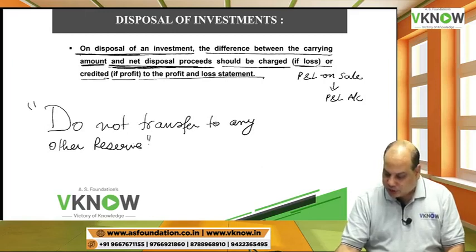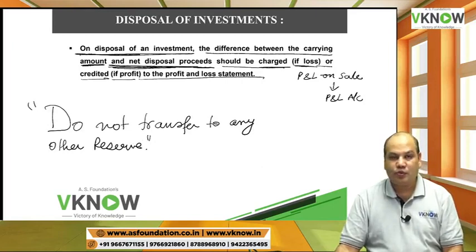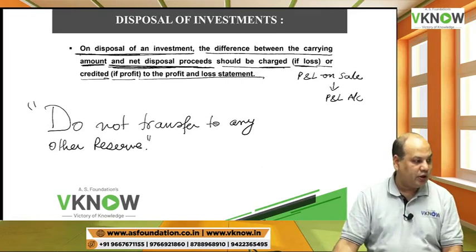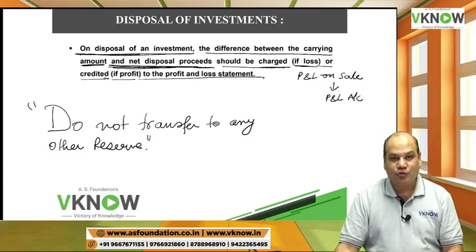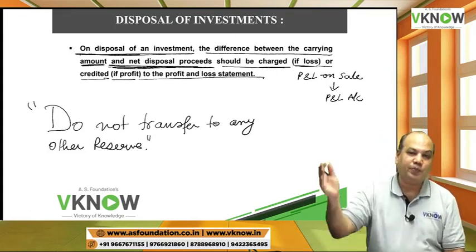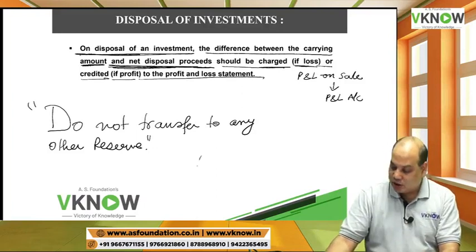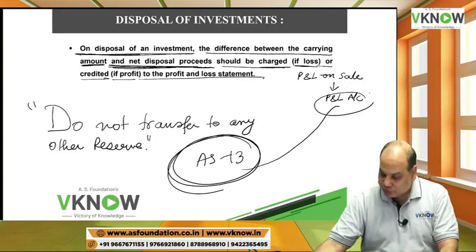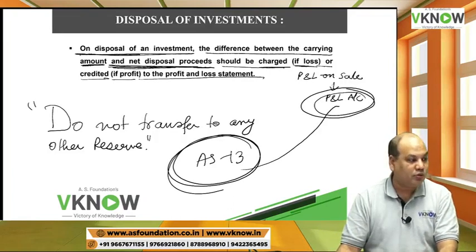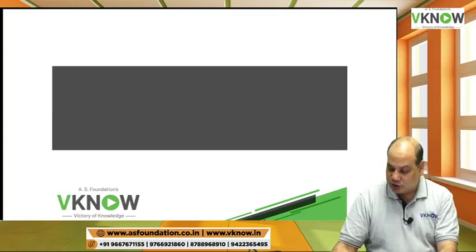Maybe in your 10th standard, 12th standard accounts, they might have told you, I don't know, that you will transfer the profit to capital reserve. Those happy days are over. Under AS-13, all profit and loss will be transferred to the P&L account only.